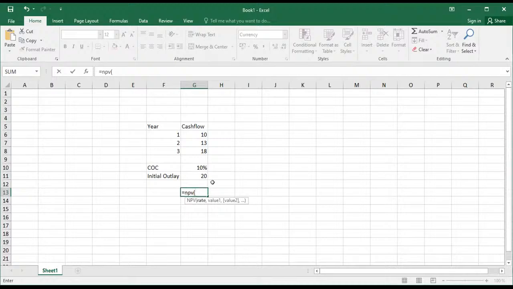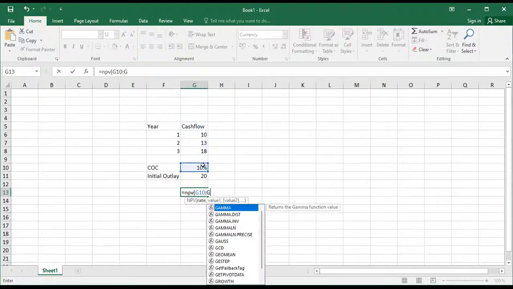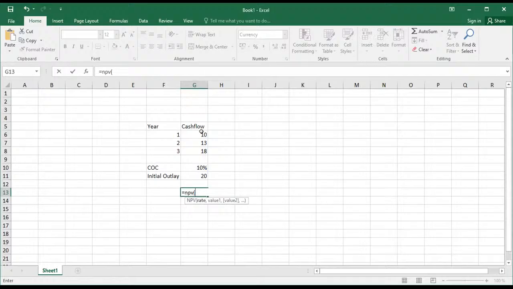Yes, the rate, 10%, comma. The value, remember it's starting from value 1. After comma, I don't know what happened. You have to start again. The first one, Madam Eileen, is the rate. Don't panic, this is your time to shine. Comma, then pick the values, those 3 cash flows.